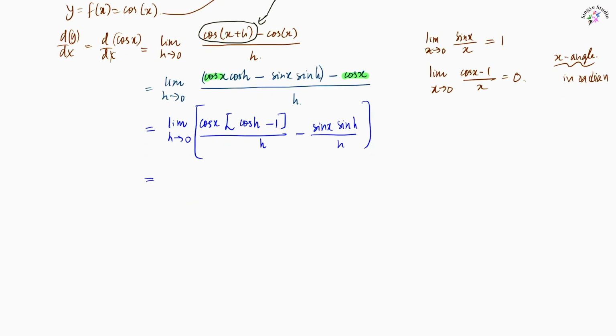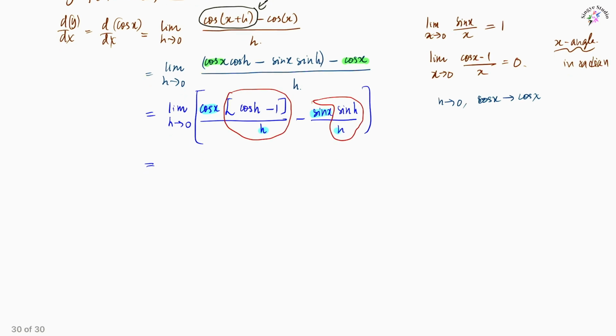Yes or no? And now we know that this cosine x and this sine x don't have the h term, so they are independent of the limit, so the limit does not apply to this. Even if the limit h approaches 0, this cosine x will be cosine x only because it does not have the h terms. And the same thing applies to sine. Only the limit applies to this part of the expression.